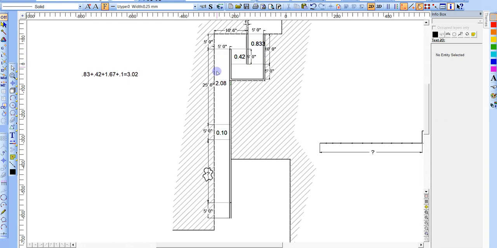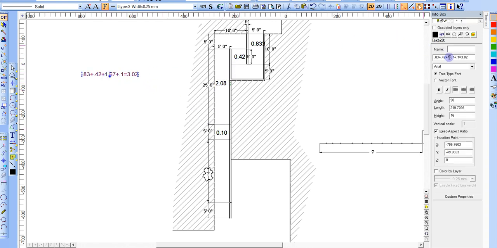Ten. 20 would be 10. Yeah, there you go. So it's just better not to do the math in your head. 5 feet. All right, so let's go this 2.08. Control C.